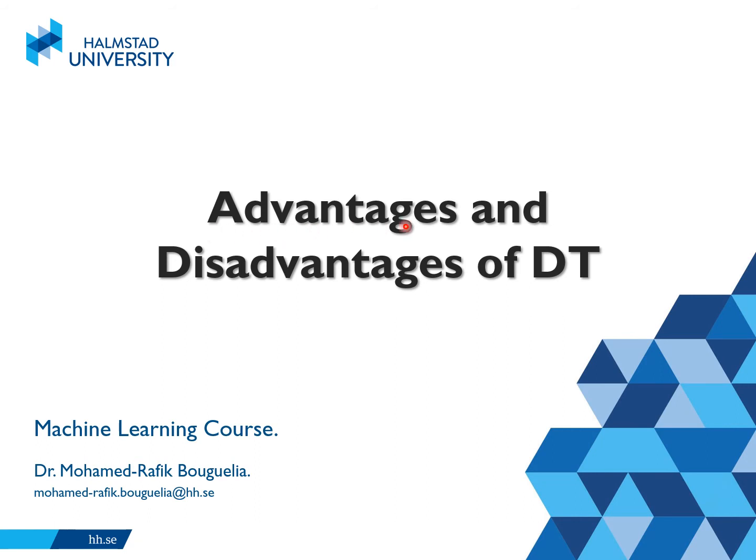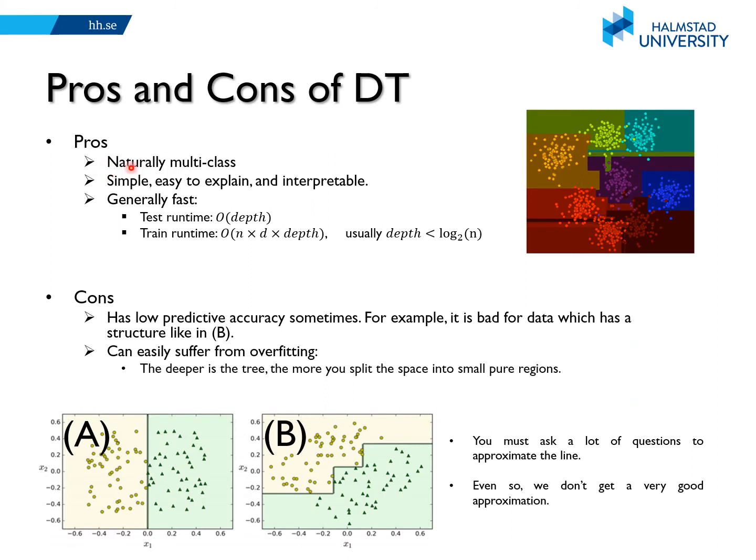Now let's talk a little bit about some pros and cons of decision trees. First, a decision tree is naturally multi-class, so it can be directly applied to a data set which contains more than two classes. A decision tree is also simple. It is easy to explain even to people who are not experts in machine learning or data mining. And it is also interpretable. So you can easily explain why the decision tree made a prediction for a given data point.